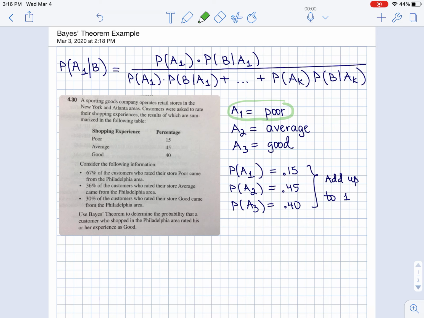So what is it that we're trying to find here? Let's define our event B. This will be a customer shopping in the Philadelphia area.